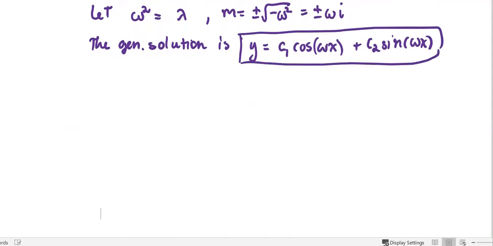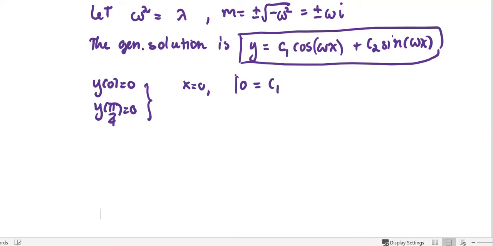Now, use the conditions again. y at 0 equals 0, y at pi over 4 equals 0. For x equals 0, y 0 equals c1 times cosine 0. Cosine 0 is 1, so we get c1 is 0, in all cases, just for this set of boundary conditions.